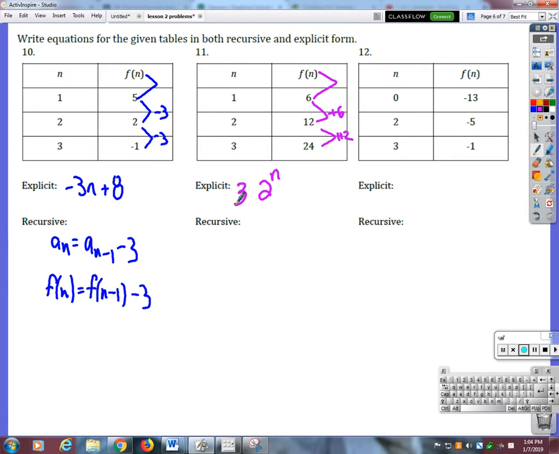So it would be 3 times 2 to the n, because we're not adding, we're multiplying. And then the recursive, using their notation, would be f of n equals the one before it times 2. Oh, and I think in this one you have to say what the first one is.